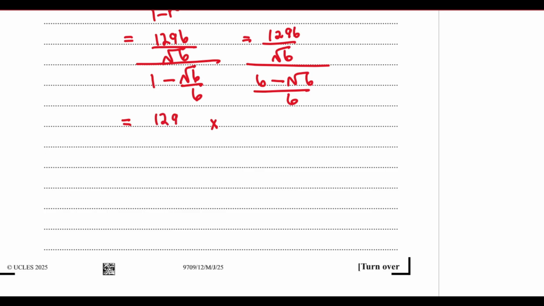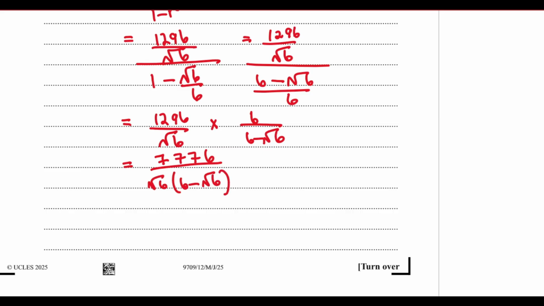So 1296 over, we flip the bottom fraction, like that. 1296 times 6 is 7776. And at the bottom we have square root 6 times 6 minus square root 6.